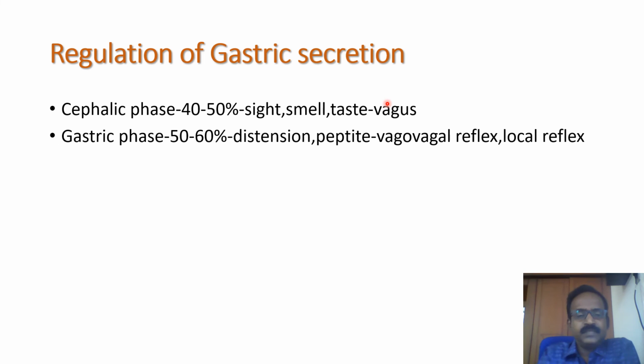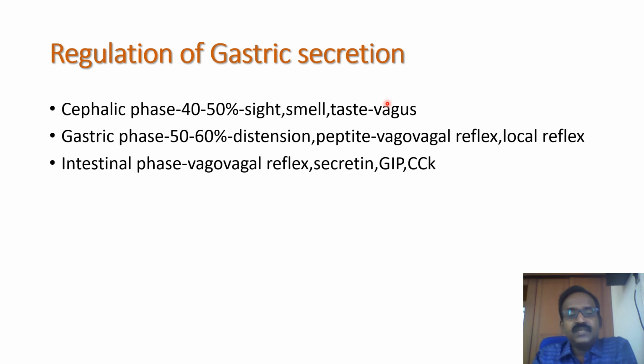In the gastric phase, 50 to 60% of gastric secretion is secreted. When chyme enters the stomach, it produces distension of the stomach, and peptides present in the chyme also stimulate gastric secretion by the vagovagal reflex and local reflexes through the vagus nerve.